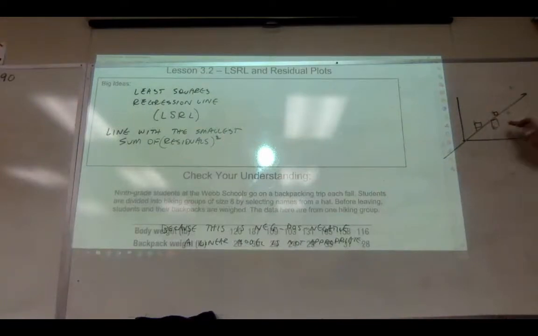Yeah. So if I strictly just counted the distances, let's say this one is 2 above, this one's 2 below. Well, all of a sudden I have 0 residual. Is that true? No, I don't have 0 residual. Together I have 4 residual. But I have to square them to take into account that there is a difference between the actual and the predicted.